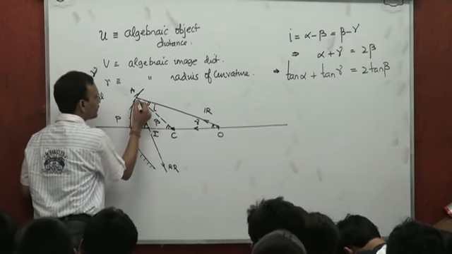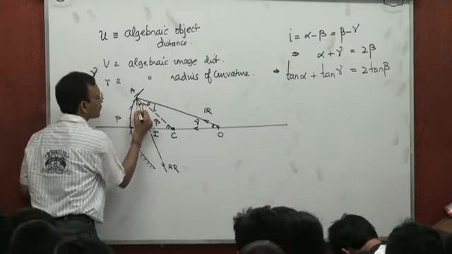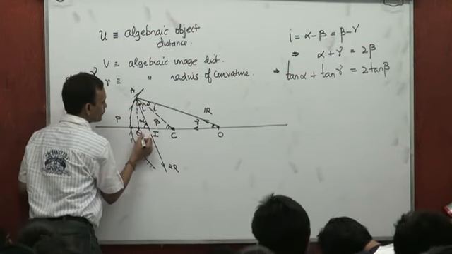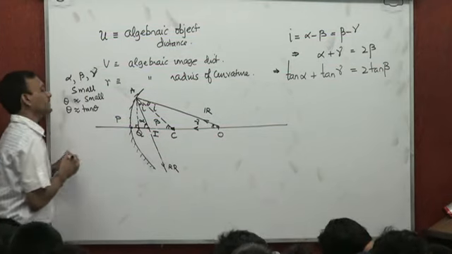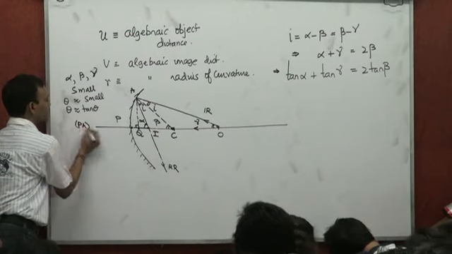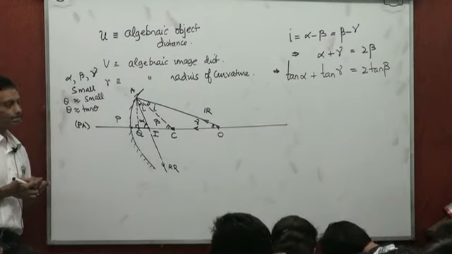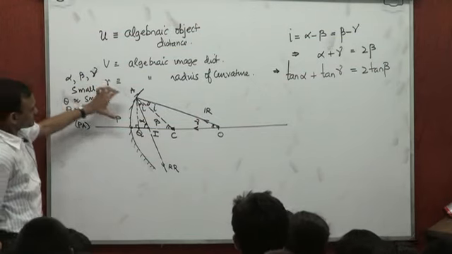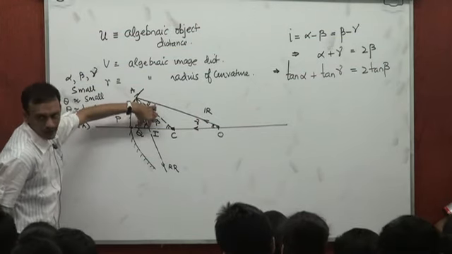Now from A, you drop a perpendicular, call it AQ, on the principal axis, PA. Then what's tan alpha? Tan alpha is AQ by QI.